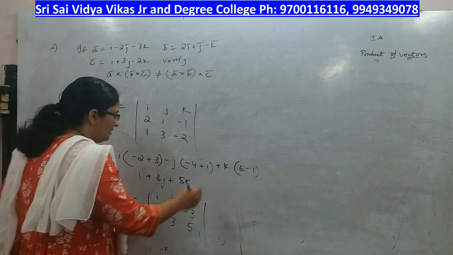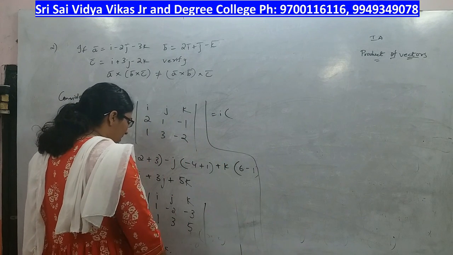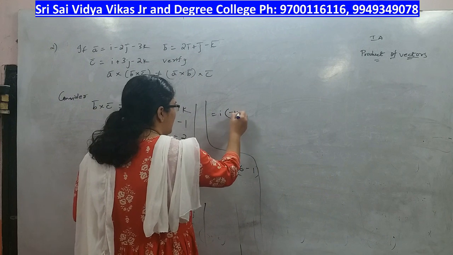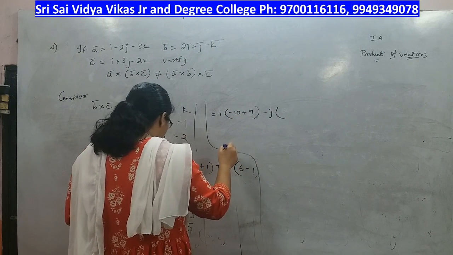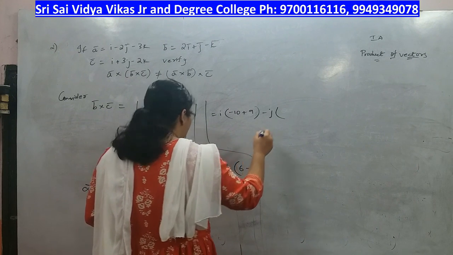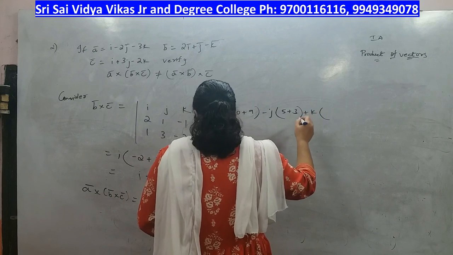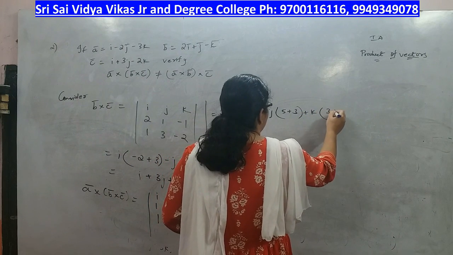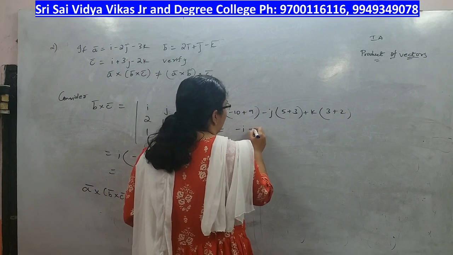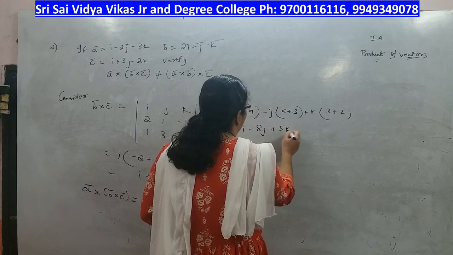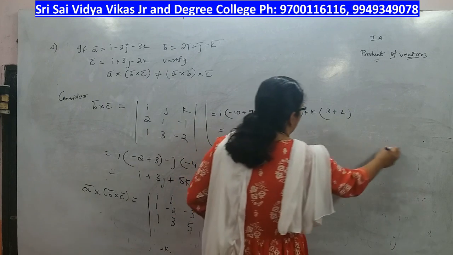So this is nothing but i into minus 10 plus 9, minus j into 5 plus 3, plus k into 3 plus 2. This is nothing but minus i minus 8j plus 5k. So that is what a bar cross b bar cross c bar is. Now we shall find a bar cross b bar cross c bar.